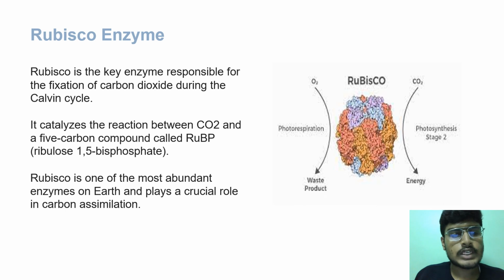Rubisco is the key enzyme responsible for the fixation of carbon dioxide during the Calvin cycle. It catalyzes the reaction between CO2 and a 5-carbon compound called RuBP, ribulose 1,5-bisphosphate. Rubisco is one of the most abundant enzymes on Earth and plays a crucial role in carbon assimilation.